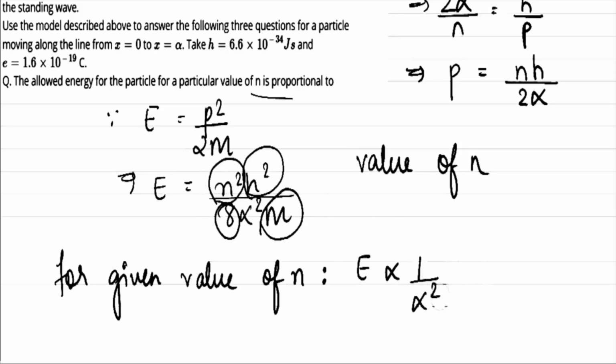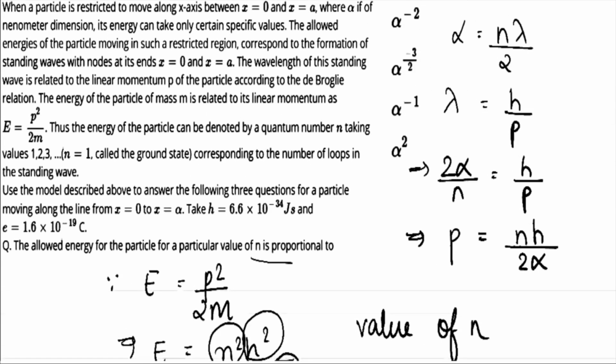So that means energy is proportional to alpha raised to minus 2. So our answer is alpha raised to minus 2, option A.